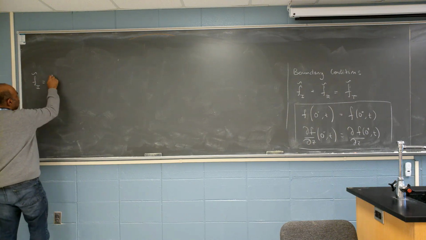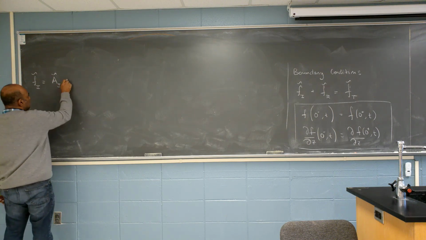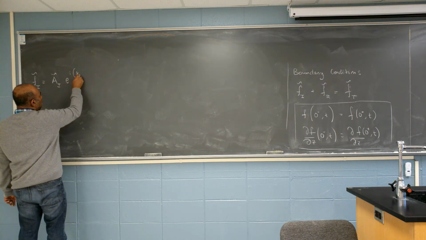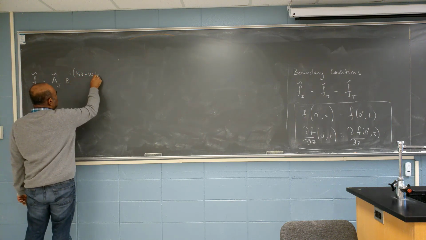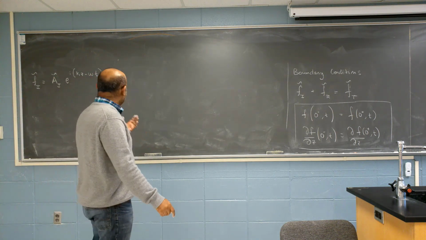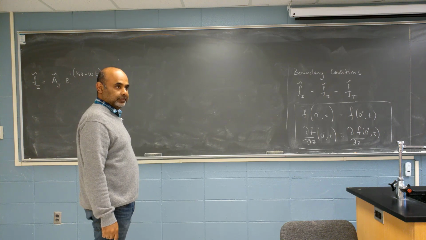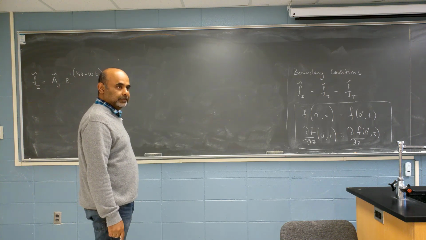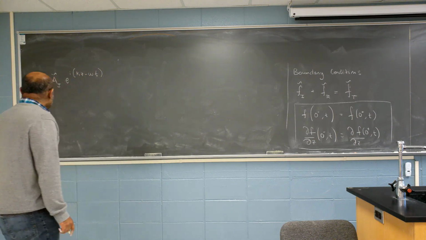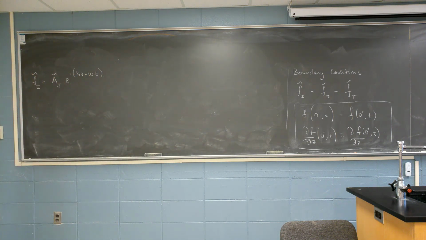So I would have some incident, e to the i, on side 1, it is k1z minus omega t. That is all you get to fix. Then I'm going to write something that is wrong, then I'll change it.